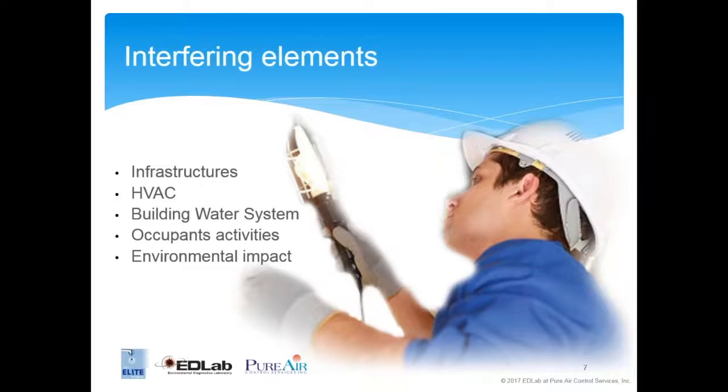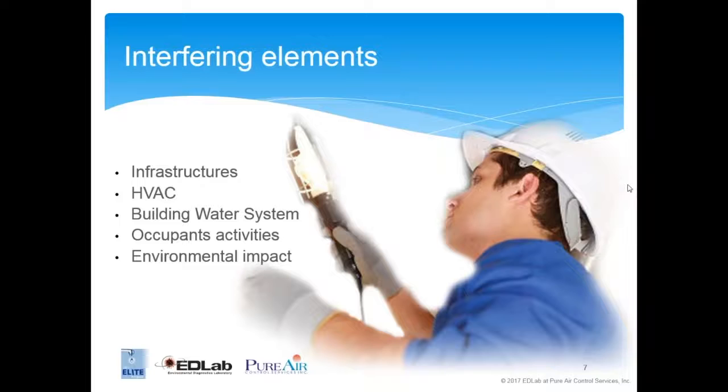The second important factor is the HVAC, which stands for heating, ventilation, and air conditioning system. For those who are not aware of that word, that is the lungs of the building. So that is also a very important, integral part of the whole equation. The other one is the building water system, which almost every functional building has, and that sometimes acts as a carrier for contaminants if it is not maintained correctly.